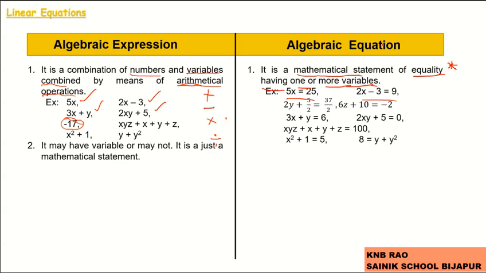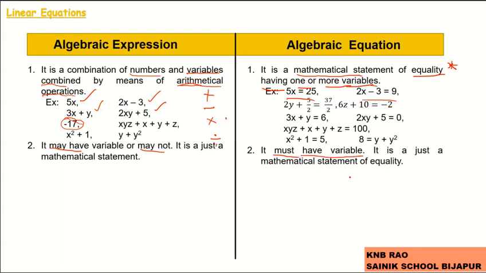Whereas an algebraic expression may or may not have a variable, and it is just a mathematical statement, an algebraic equation must have a variable. It is a mathematical statement of equality.